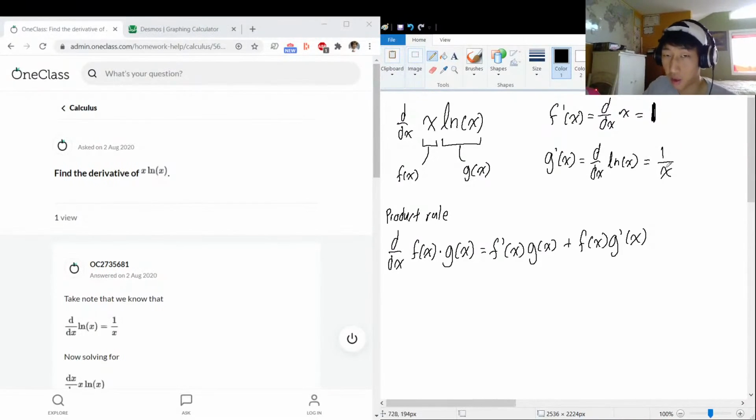Okay, so now that we know our f of x, we know our g of x, we know the derivatives of both of them, let's input them into our general formula for the product rule.